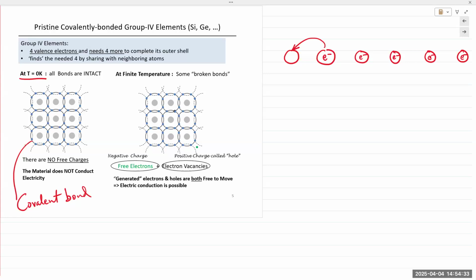Now, this empty spot was created because an electron moved out. It broke its bond and it moved out. What is left behind in its place? An empty spot. And I don't know who came up with it, but again, maybe they didn't, I don't want to say they didn't have any imagination, but it's called a hole.